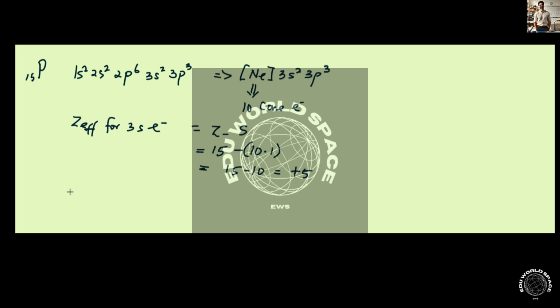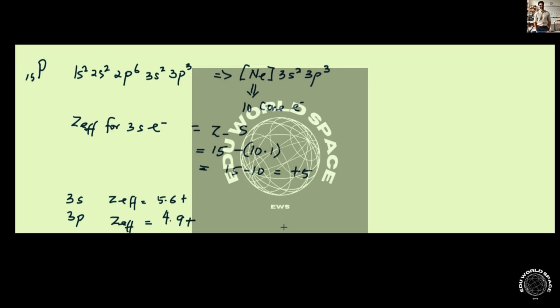So 3s has Z effective equal to 5.6 positive, and 3p has Z effective equal to 4.9 positive. So why are these two different from what we calculated?